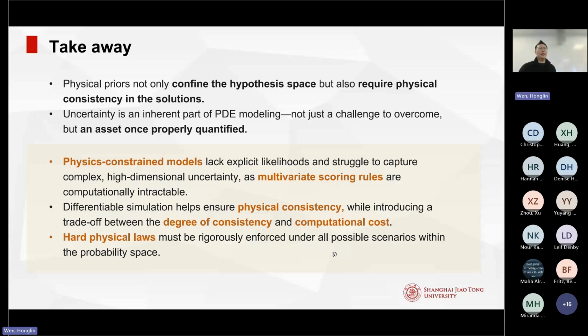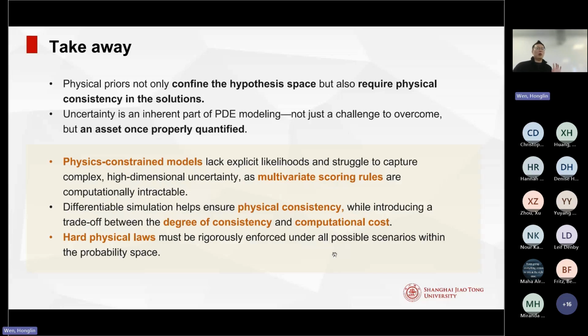And uncertainty is inherent in PDE modeling, so it's not just a challenge to overcome, it's also an asset. We still have a long way to go. We need better ways to calculate, maybe with generative models, in the high dimensional space, and to ensure physical consistency in each scenario.